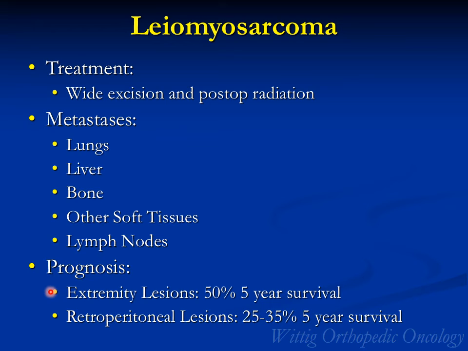Obviously, the survival rate drops dramatically if there's metastases at presentation. Retroperitoneal lesions or tumors have a much worse prognosis. There's a 25 to 35% 5-year survival rate, and many patients with retroperitoneal tumors die because of local extension of the tumor. The tumor can grow, it can compress the ureters, and cause many local complications.